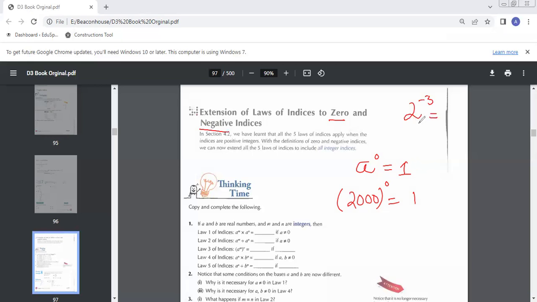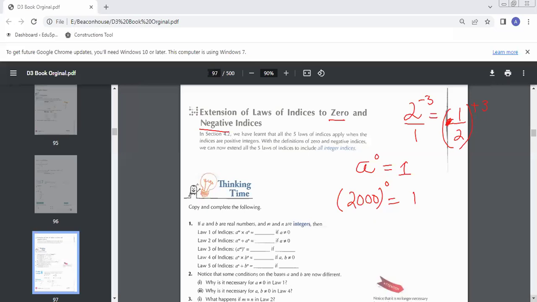But there's nothing over here, it's not a fraction, so I should put one myself, because whenever there's nothing in the denominator, it's actually one. So 2 power -3 over 1, if we take the reciprocal, would be 1 over 2, but the power will be positive now. The power will be +3. Now the power is positive. So it's all about that.